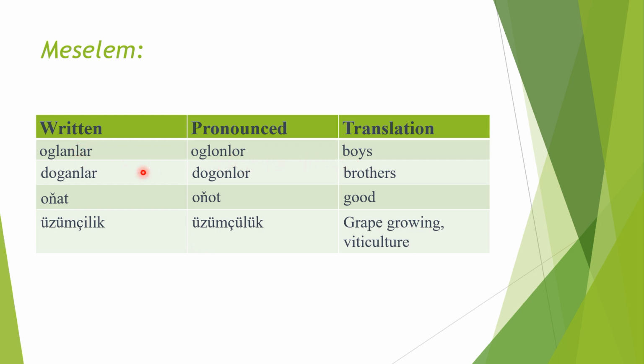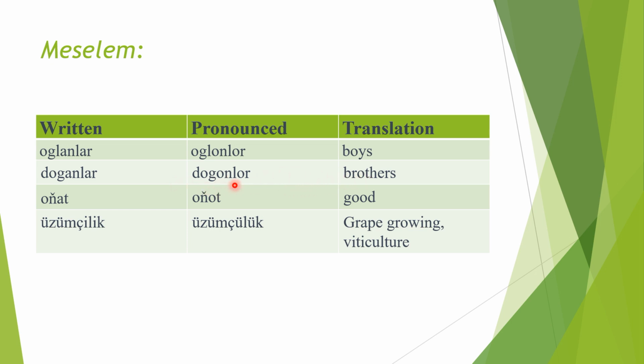So oğlanlar. The next example, doğanlar. This is how we write doğanlar, but when we read, doğanlar, brothers, or you can say sisters. It's not actually specific like brothers or sisters.